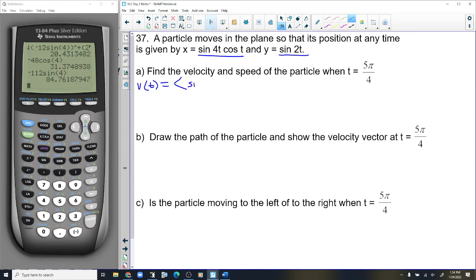So first times the derivative of the second plus the second times the derivative of the first. 4 cosine of 4t. So there is the x of the velocity vector. There's the first derivative. The y is a little more straightforward. 2 cosine of 2t.